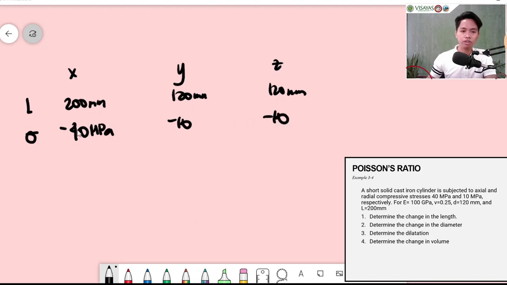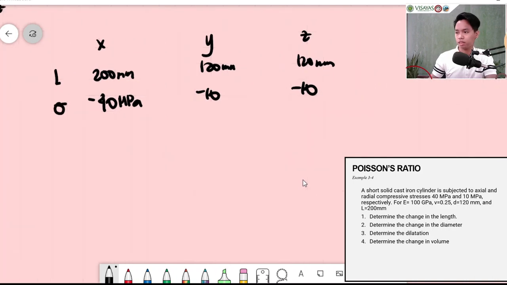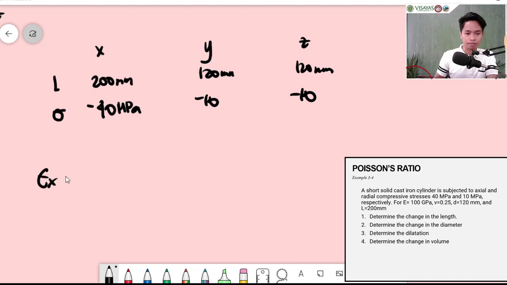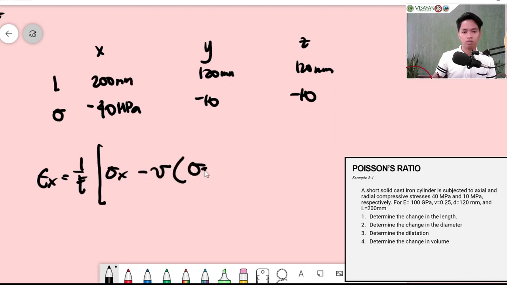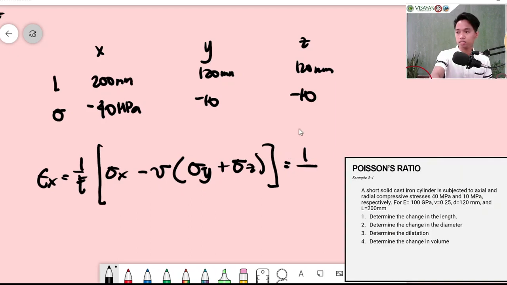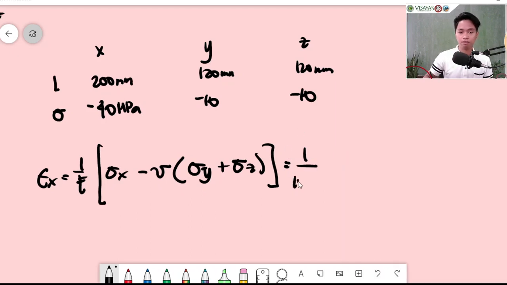Okay, so let's start solving. Since ang nagpapakita is change in length, we need to solve for the strains. So, let's start solving your strain at X. Diba? So, formula gihapon, that would be 1 over E times sigma X minus your Poisson's ratio times sigma Y plus sigma Z. So, this would be equal to 1 over pila atong E. That's 100 megapascal.